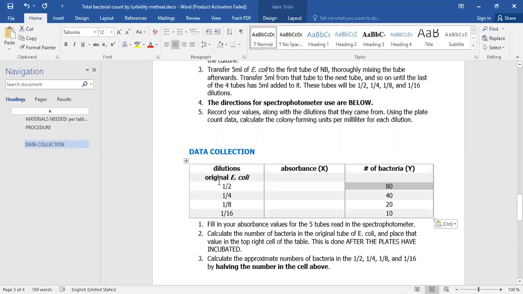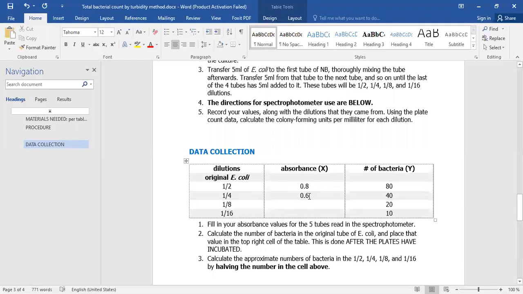In the data analysis, when the dilution is 1 by 2, suppose the absorbance is 0.8, and in the 1 by 4 dilution, the absorbance is 0.6.